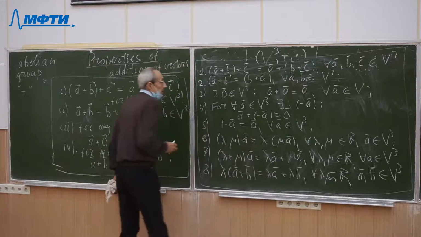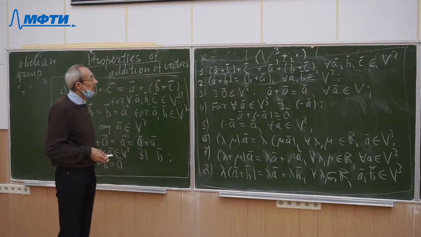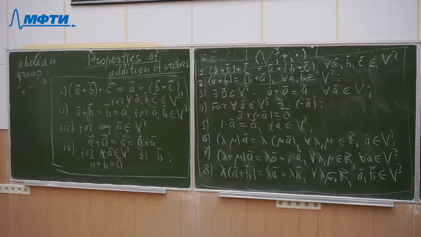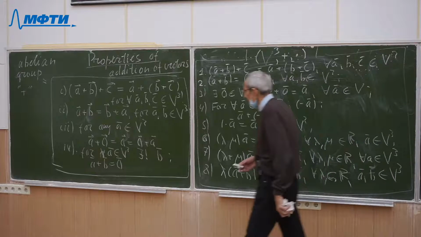This property we can consider as the axiom of this vector space. And this axiom is the initial point for this axiomatic way.